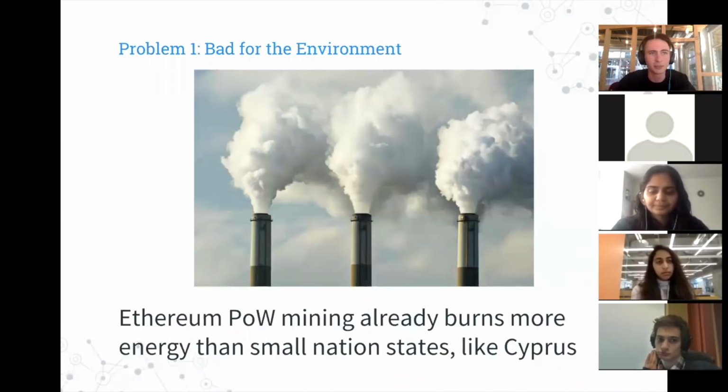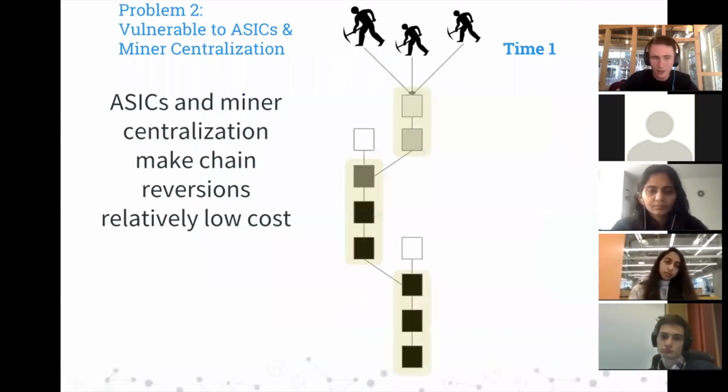Because the miners are going to be burning all this energy, that means that we have to overpay them. We have to pay for all this stuff. It's really coming back to the users of the system. So if we want a blockchain that is cheap and safe, proof of work I don't think is really the way to go. Another issue is ASIC or miner centralization.